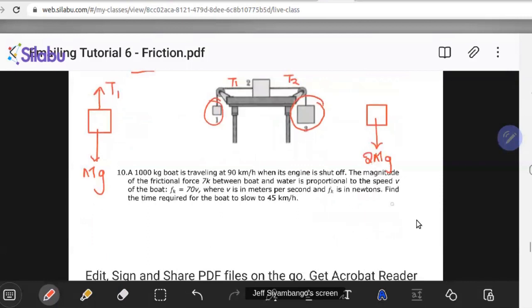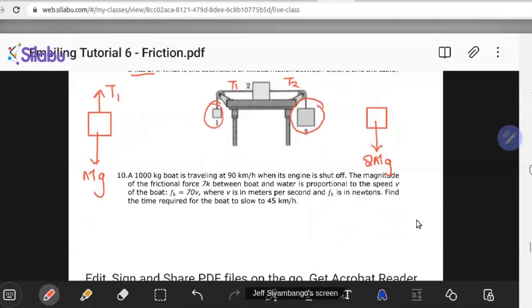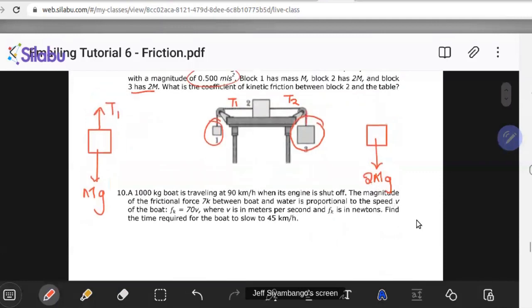Holding it up is T2, the tension I've labeled here. Tension will always act away from an object, so if you have a rope there, tension acts away from that object. That is why from block 3 it is acting away from it. So this is done for block 3.